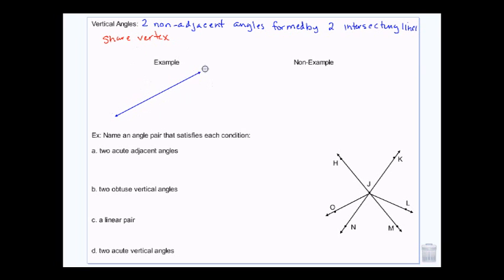So if I take a line and I take another line, angle 1 and angle 3 and angle 2 and angle 4 are vertical. So the angles across from each other. So 1 is vertical to 3 and 2 is vertical to 4.